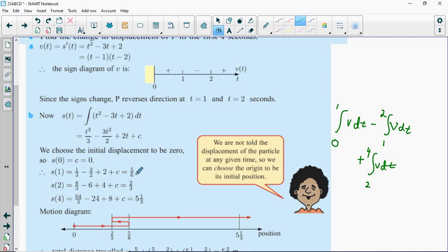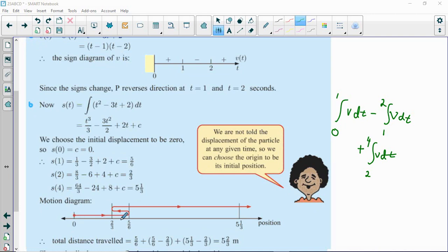Okay. Then we're going to calculate the distance traveled in that next second. We went from 5/6 to 2/3, so we can figure out how far that is, and then we can do the same thing for the next 2 seconds to get from 2/3 to 5 1/3. And that's exactly what we see happening in this diagram and with the arithmetic down below.